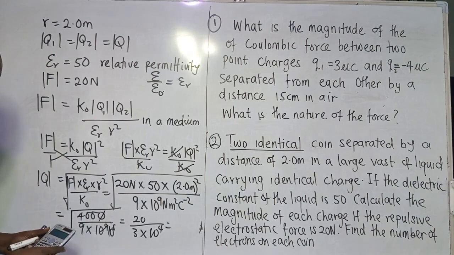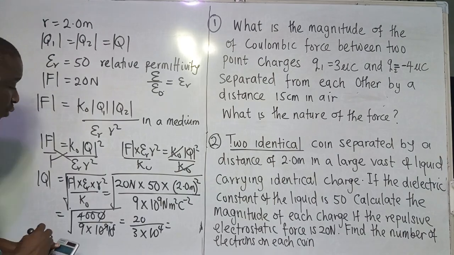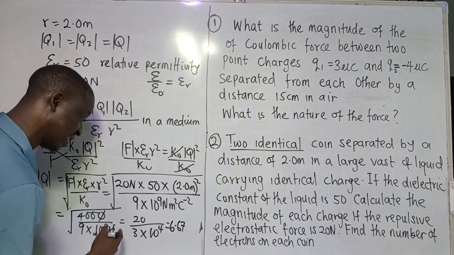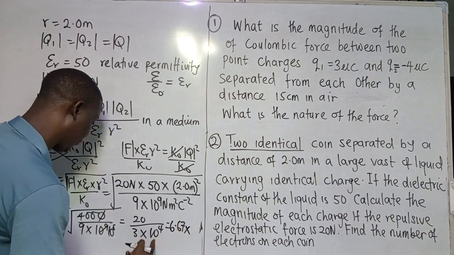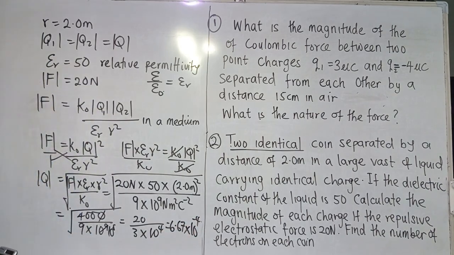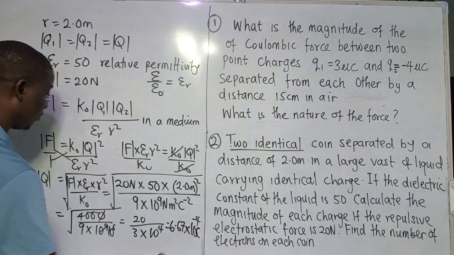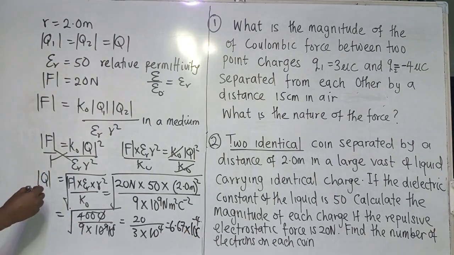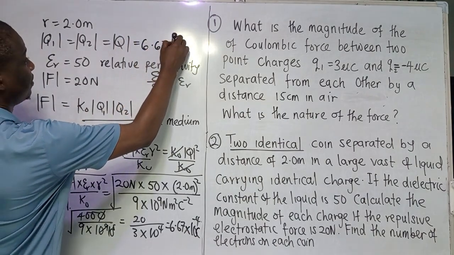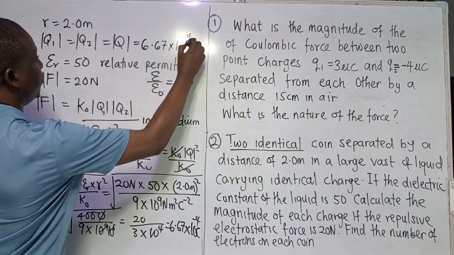The answer will be 6.67 times 10 raised to the power minus 4. So the charge is equal to 6.67 times 10 raised to the power minus 4 Coulomb.